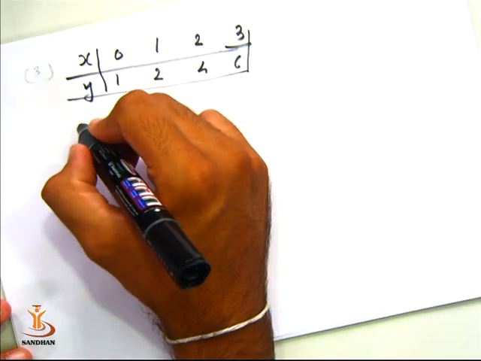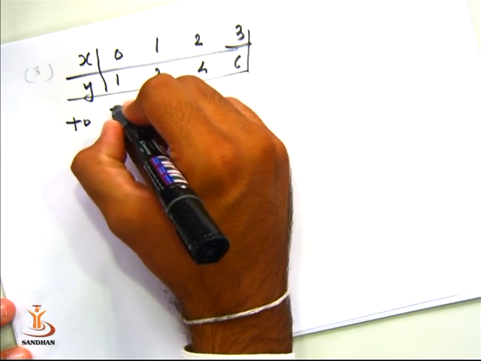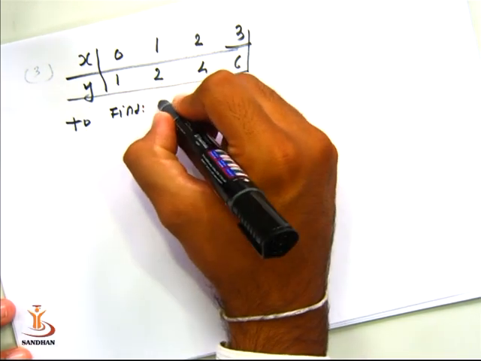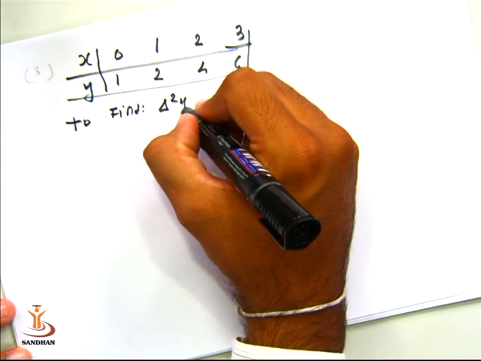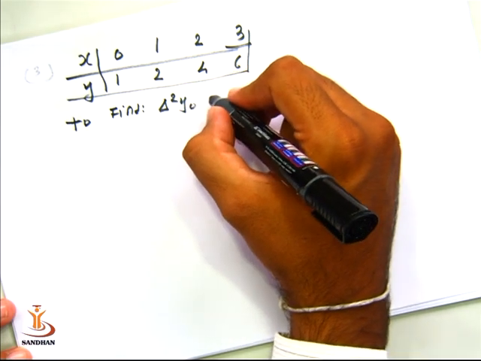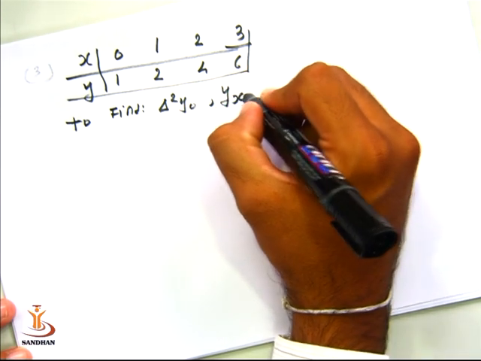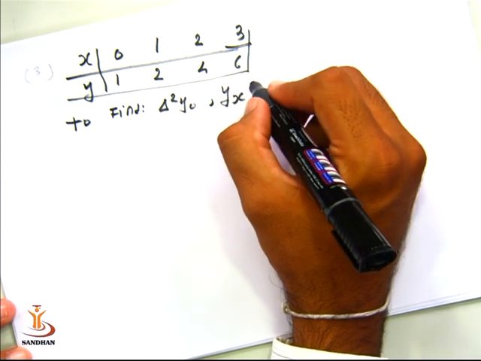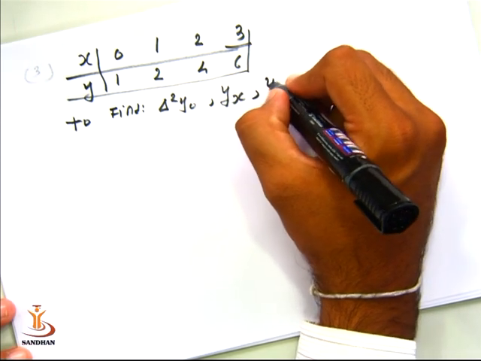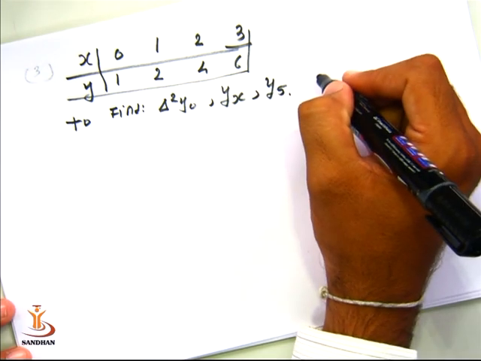Here our question is to find delta 2 y0, the polynomial form of the function for the given values, that is y of x, and after that we will try to obtain the value of y5 also.